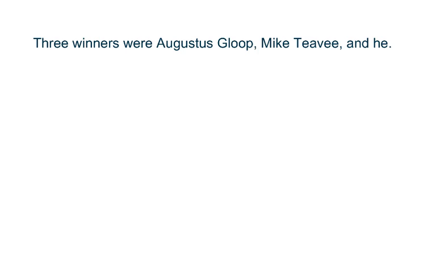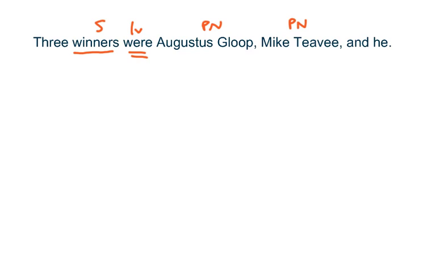We have three winners. What's the subject? Winners. Were, we have a linking verb, right? Augustus Gloop. Okay, there's one predicate nominative. Mike TV, another predicate nominative. And he, predicate nominative. Here's our conjunction. Three describes winners. Adjective.